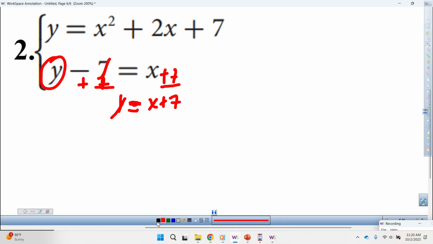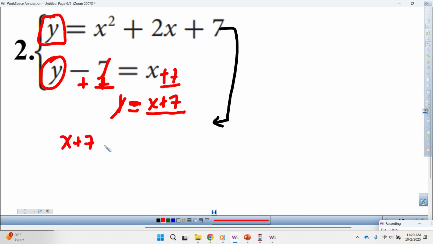Next, bring this one down, but instead of y, what am I going to substitute in there? x plus 7. So you should have written x plus 7 equals x squared plus 2x plus 7. So far so good, yes?